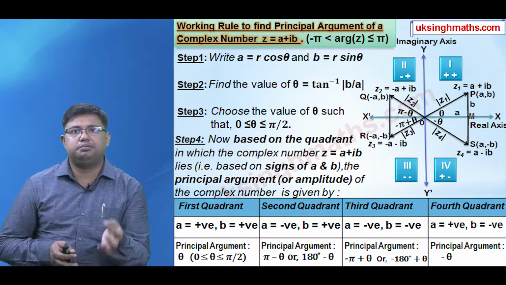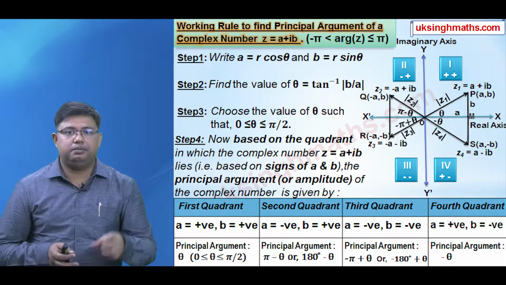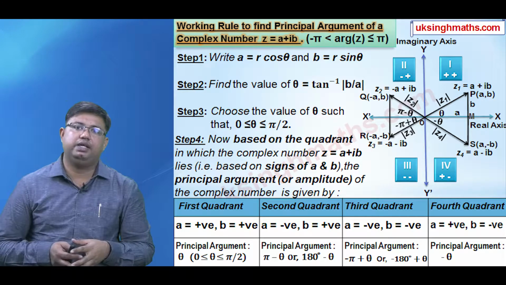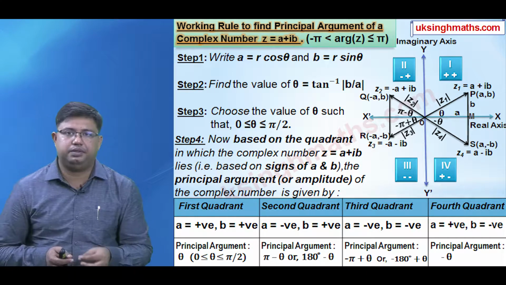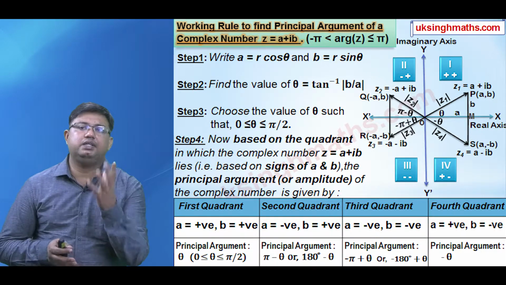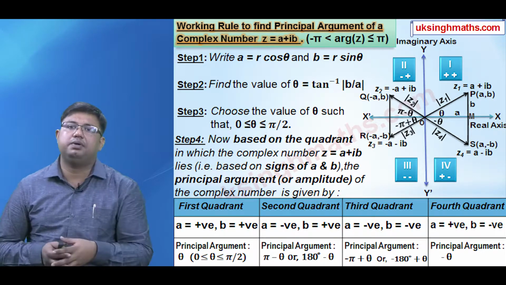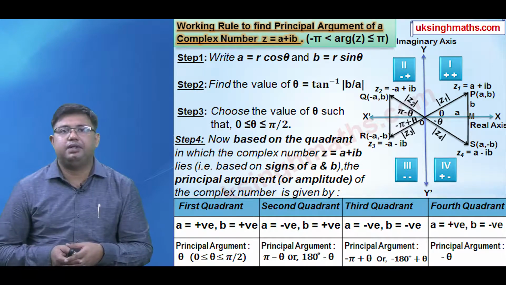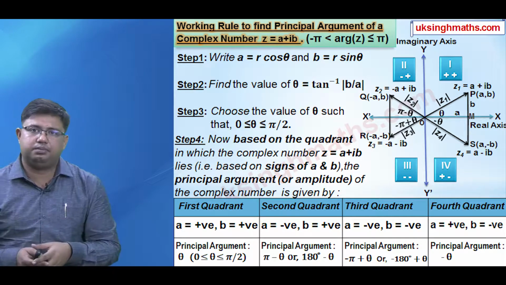So in this case the principal argument is simply given by minus theta, where theta is as obtained by step 3. If you have some basic knowledge of geometry, that is how complex numbers are represented in different quadrants based on the signs of real and imaginary part, and if you memorize this table, you can easily find the value of principal argument of the complex number.